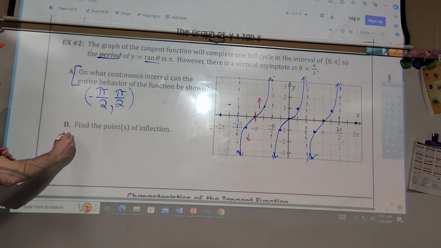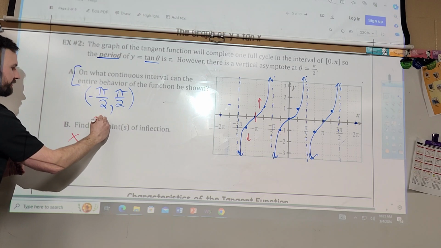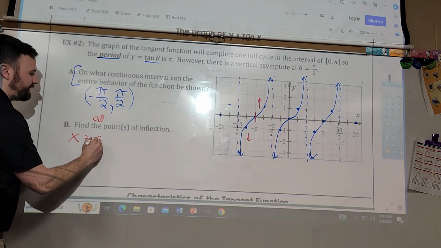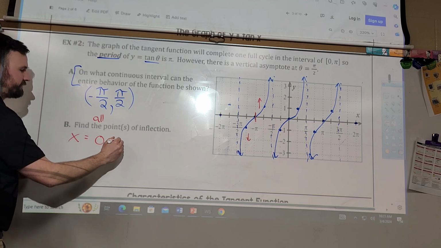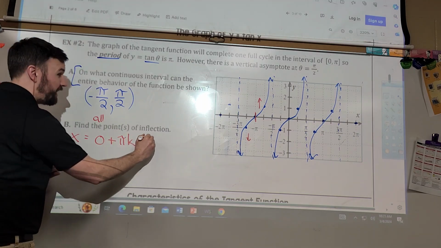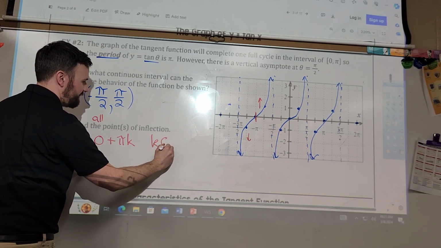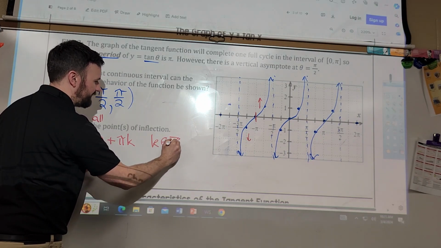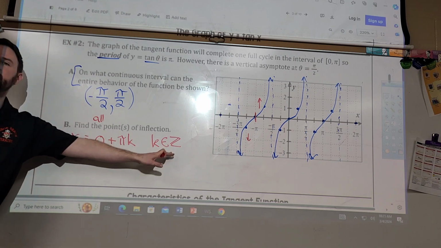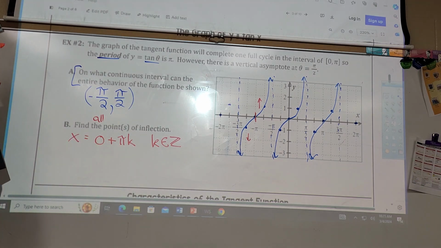So if I wanted to find all the points of inflection, what would I do? Well, it's when x is 0 plus my period times k, where k is an integer. Get used to that. We're going to be seeing it all the time. Well, k can be negative. It can be -1 or 2.